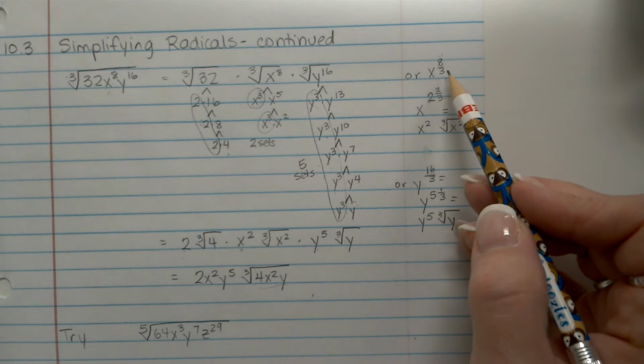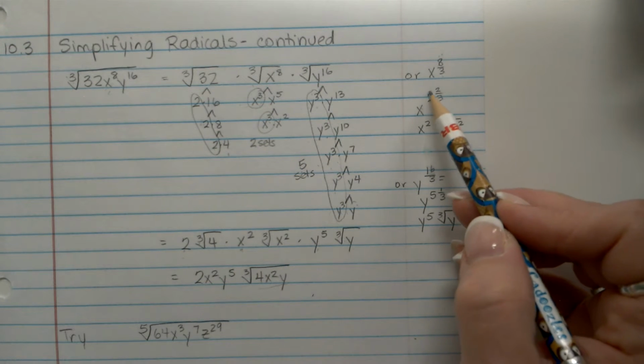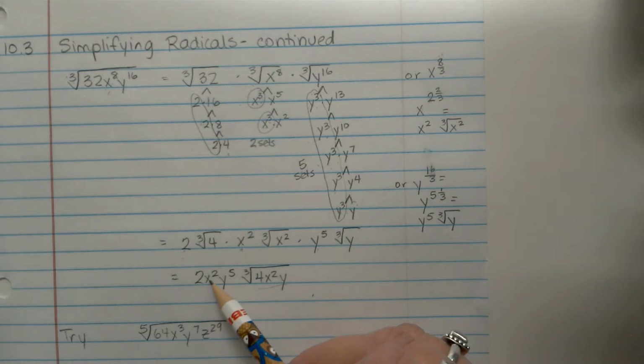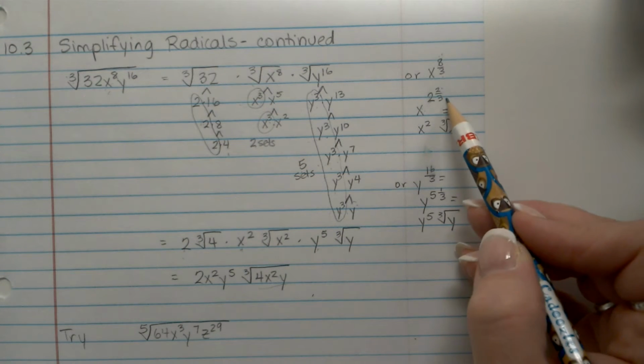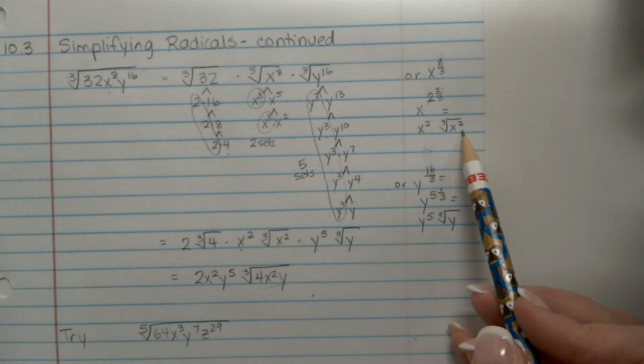So if you know how to write mixed fractions, you can say, oh, I have x to the 2 and 2/3. So I have an x squared, and I have a 2/3, which is x to the 2/3. 2 is the power, 3 is the root. And it turns into this.